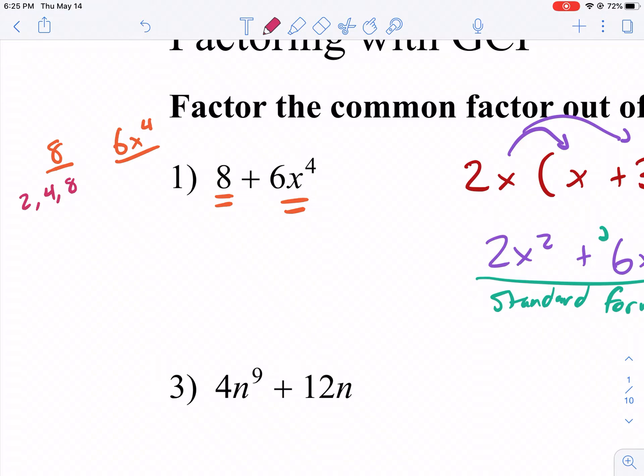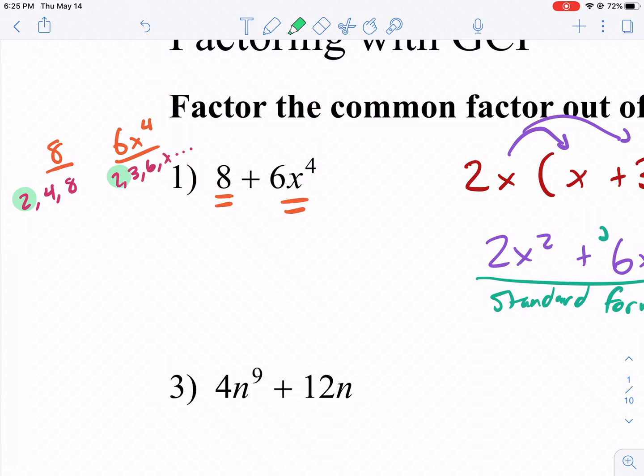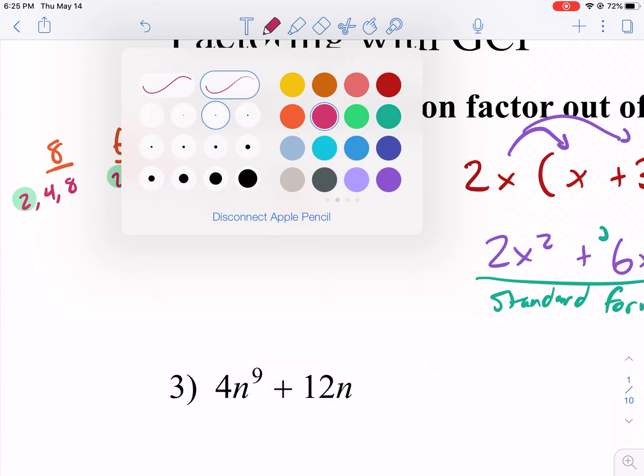Well, we have 2, 3, 6, and then x, x squared, x cubed, x to the fourth. So I'll put x dot dot dot. If we're looking here, we identify that only the 2 is a common factor between both of these. So that's the only thing we can factor out.